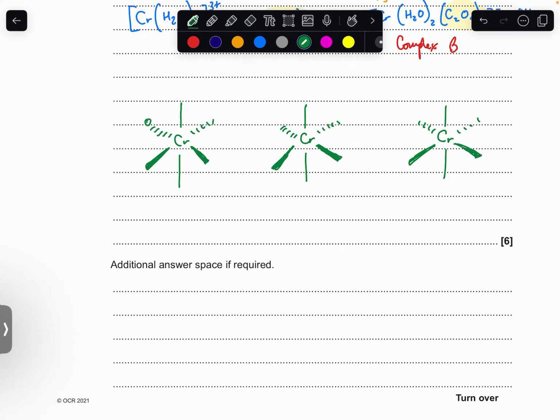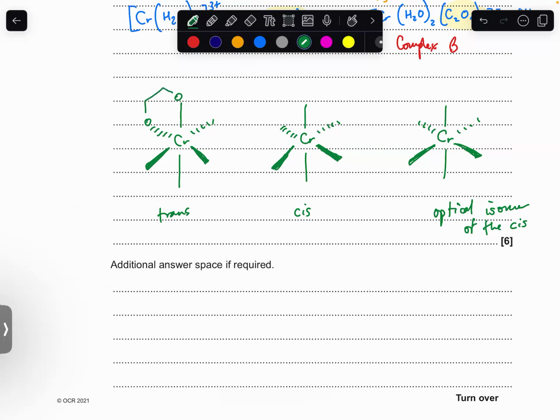So let's draw. There's going to be the trans version, there's going to be the cis version, and there's going to be the optical isomer of the cis stereoisomer. You'll see from the previous question, the previous year we did, you've got that there.